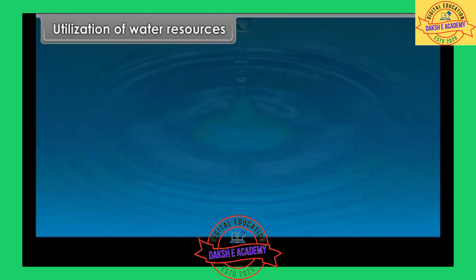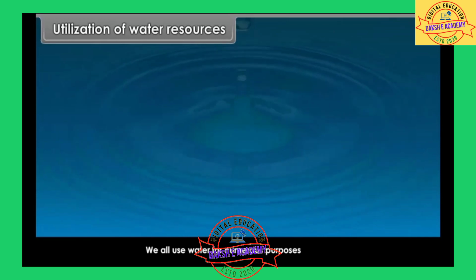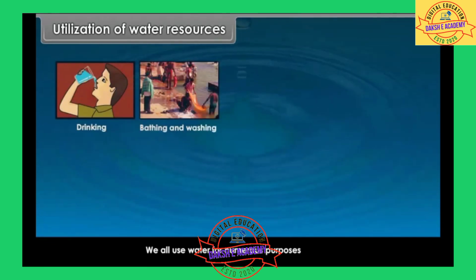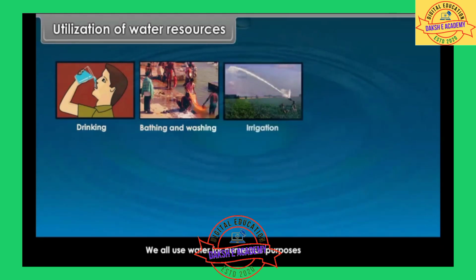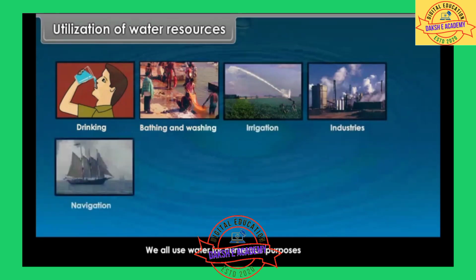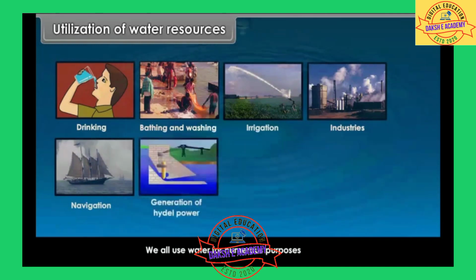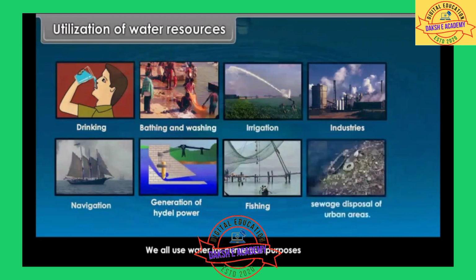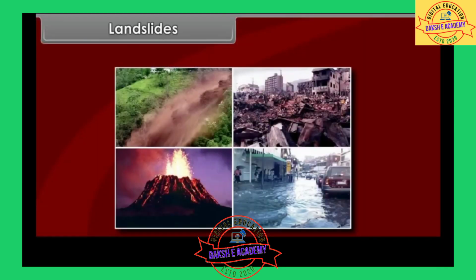Utilization of water resources. We all use water for numerous purposes. We can list out certain uses of water: drinking, bathing and washing, irrigation, industries, navigation, generation of hydel power, fishing, and numerous other purposes like sewage disposal for urban areas, etc. Landslides.